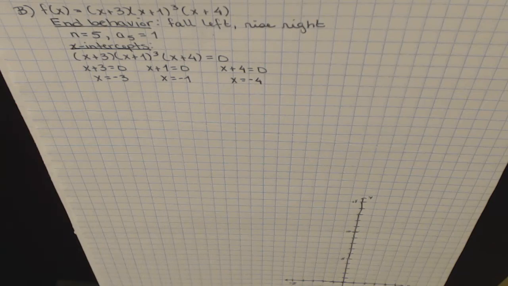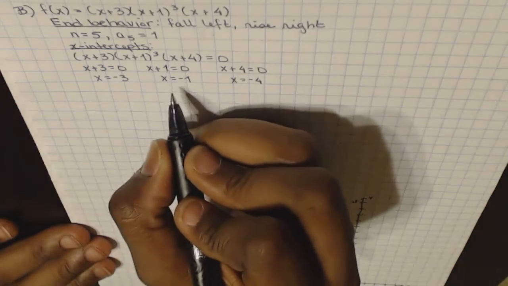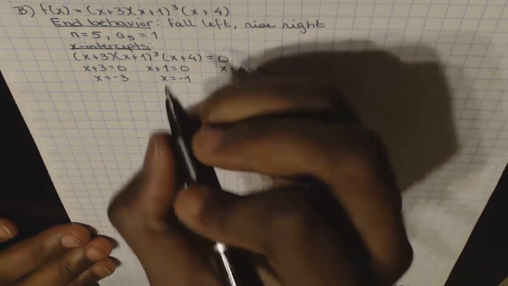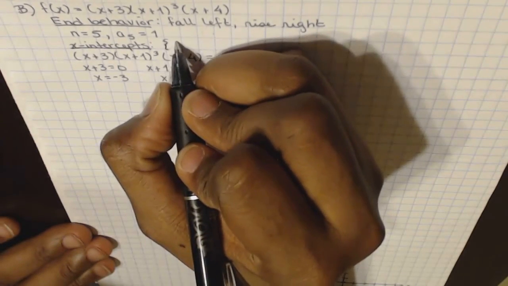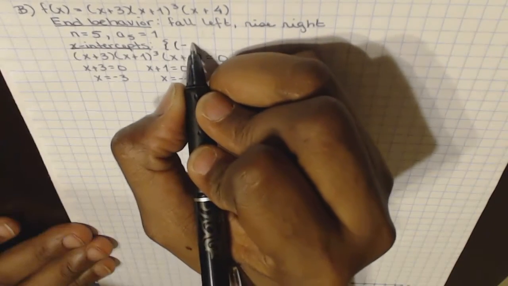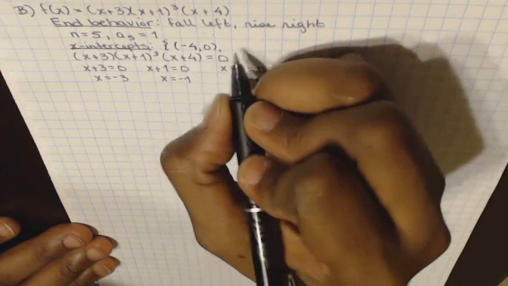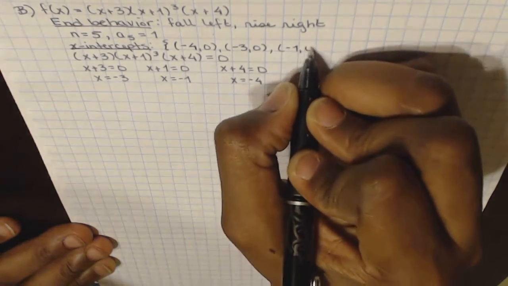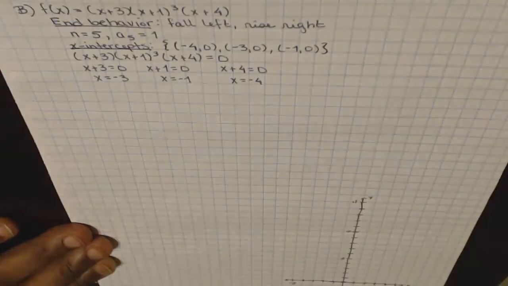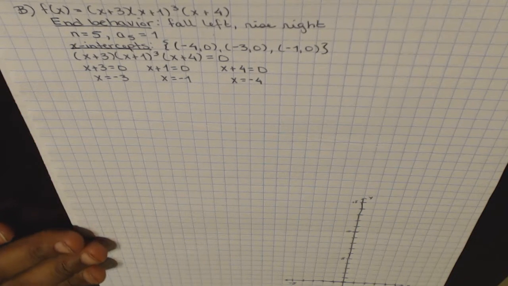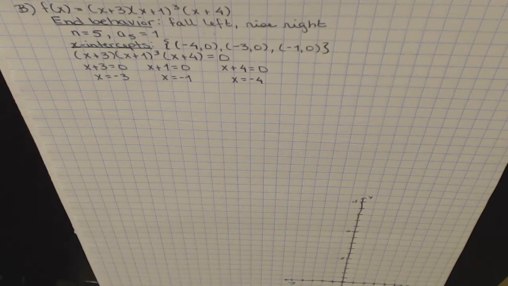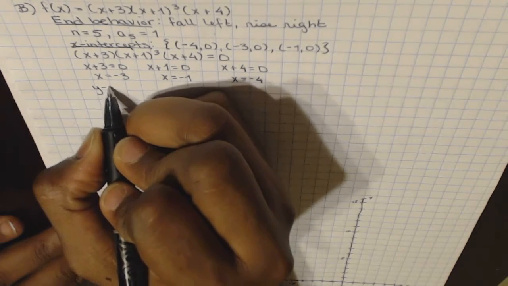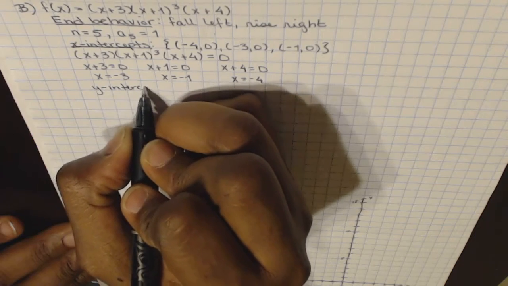I have a multiplicity of 3 on negative 1 because my power was 3 on the parentheses. So negative 4, 0, negative 3, 0, negative 1, 0 are my x-intercepts with the multiplicity of 3 on negative 1. I need to find my y-intercept.